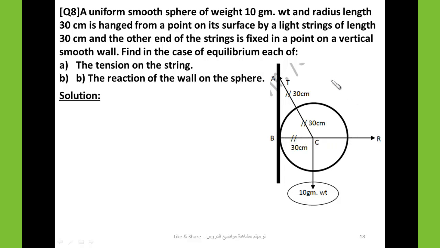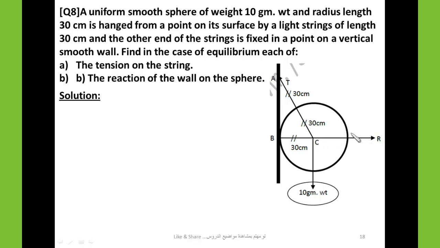So the required now is to calculate T and R. The weight of the sphere is 10 gram weight and it acts on its center. And since the reaction is perpendicular to the wall, it certainly passes through the center from this point.